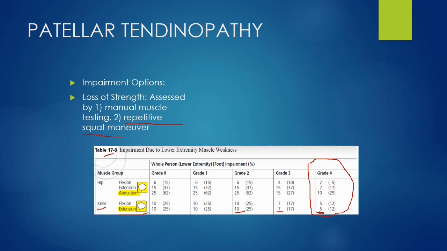So always perform the repetitive squat maneuver with your examinees who report to you knee pain because loss of strength of resisted repetitive squatting qualifies for permanent impairment. And this is something that you can easily identify through the repetitive squat maneuver that might otherwise be difficult to identify through manual muscle testing procedures.